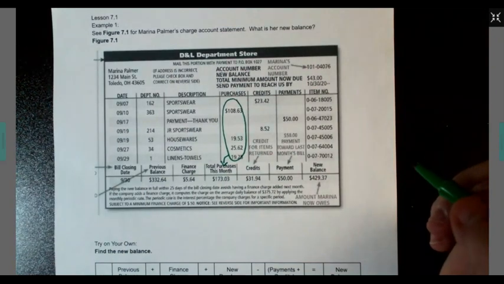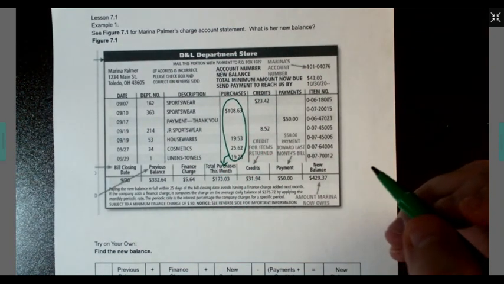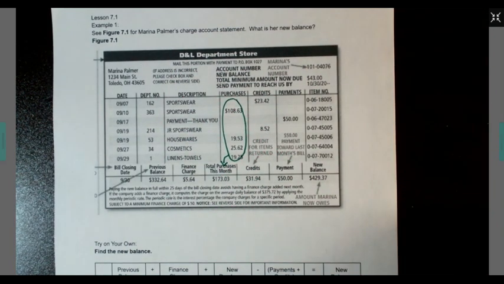Okay. Then we have credits. Credits is like when you return something to the store. For instance, like maybe I bought a dress and the dress didn't fit. Well, I take the dress back to the store. They're going to put the money back on the account, showing as if I didn't even take it out of the store.